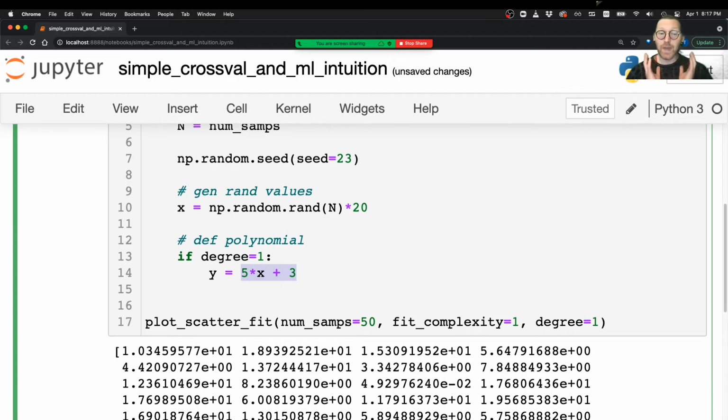This is the magic of NumPy. This absolutely looks like just math, but we're going to take every item in this vector, multiply each of these items by 5 and then add 3 to each of them, and that's going to be our y value.